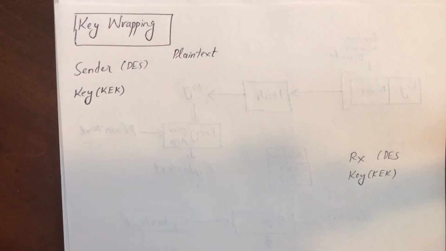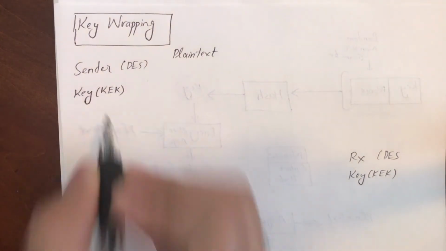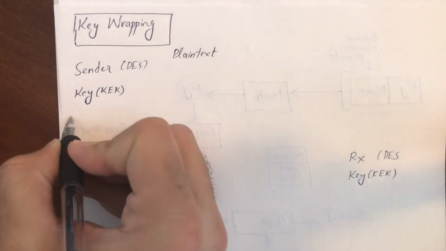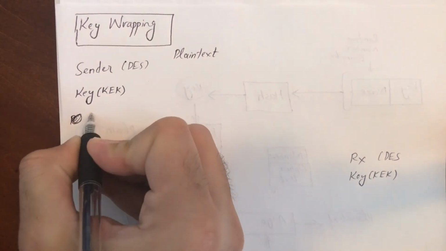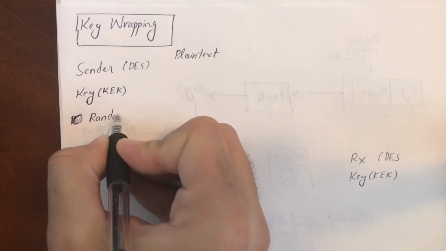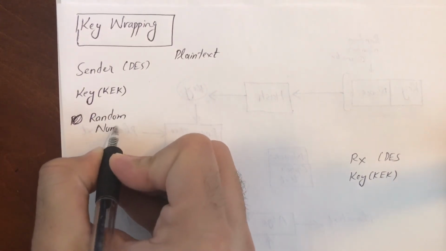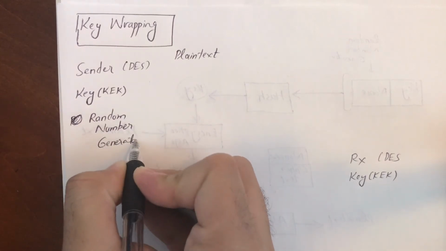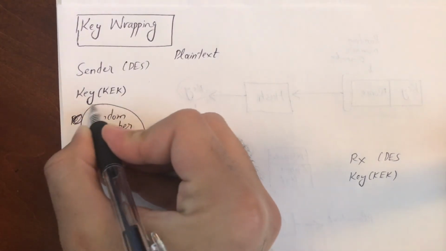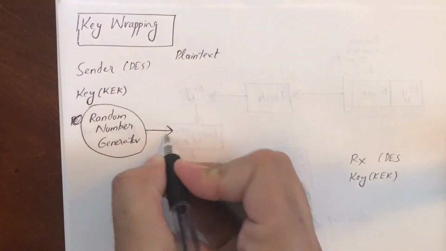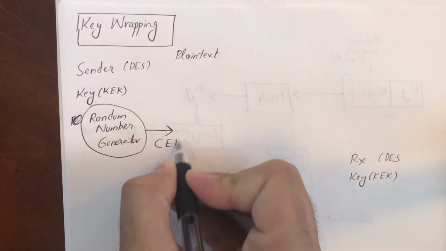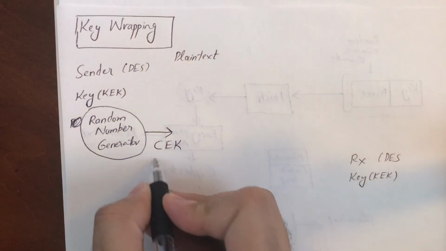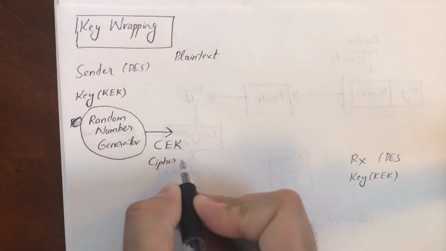So what will happen? The sender will not use this key to encrypt the message. The sender will use a random number generator, let's say LCG or something like that. Each time the sender generates a new key, let's say called CEK, cipher encryption key.